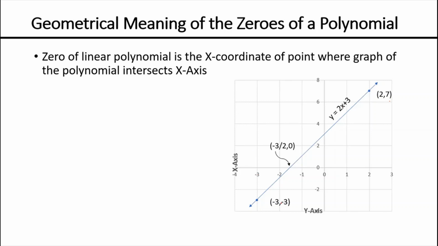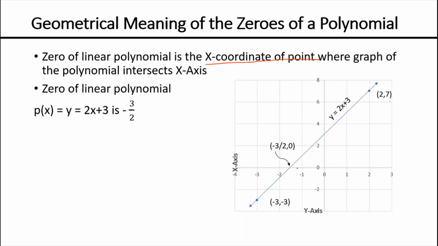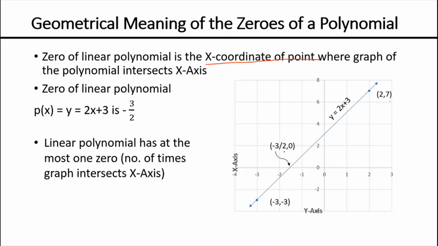By looking at this graph, we can say that geometrically the zero of a polynomial is the x coordinate of the point where the graph of the polynomial intersects the x-axis. In our example, y = 2x + 3, we can see that the zero is x = -3/2.